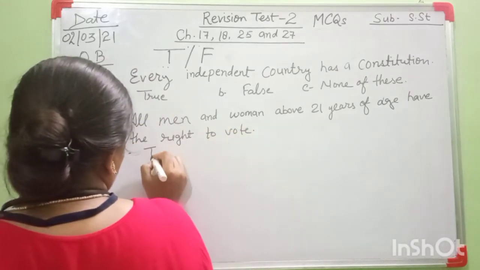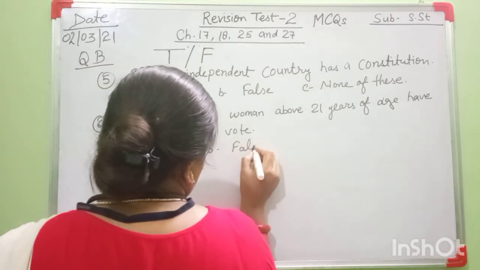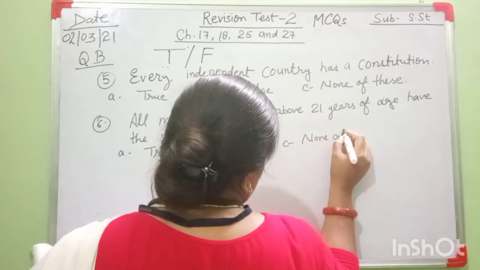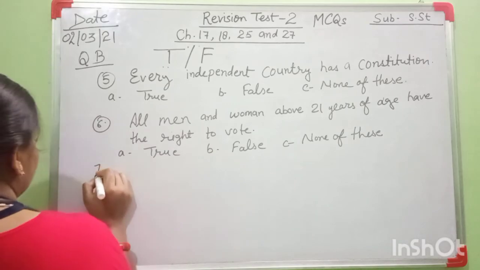A true, B false, C none of these. Okay beta.